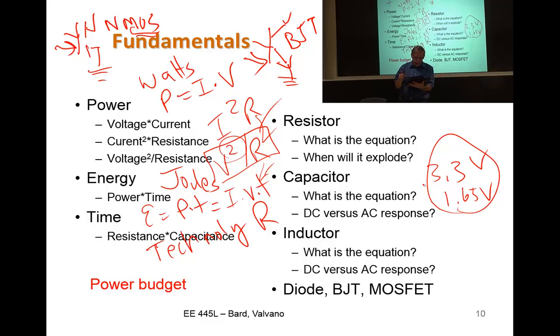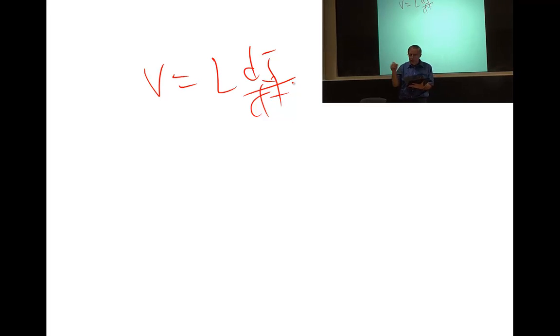All right, what about the inductor? We already have the inductor equation, V equals L di/dt, which means inductors don't like changing current.